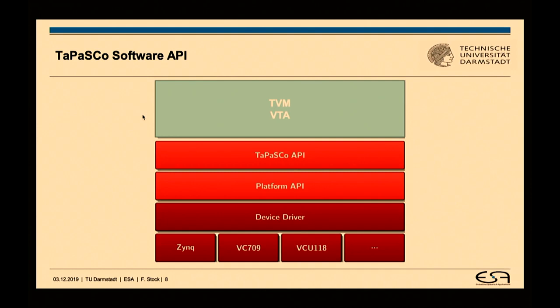In our case, this would be TVM and VTA. And in VTA, just the regular function calls which are used to communicate with the so far used hardware are replaced with TaskTabasco calls and allow transparent communication for the user without further interaction by them.